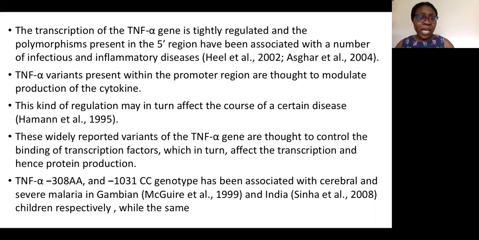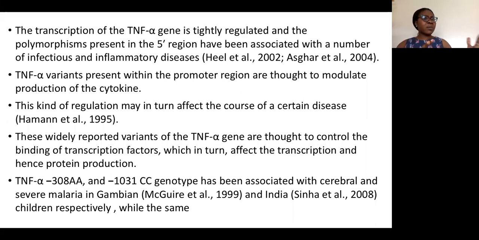this TNF-alpha gene. And because of this, we have some changes that we call polymorphism that occur at the 5' end region of this gene. So in genes and proteins, we have what we call the 5' end and the 3' end.